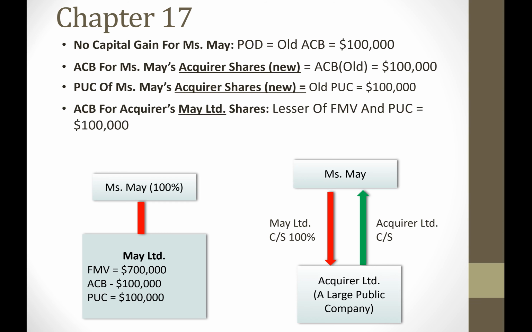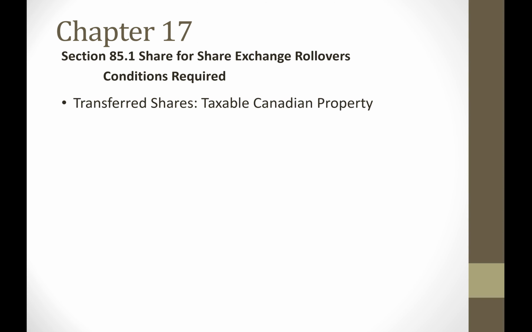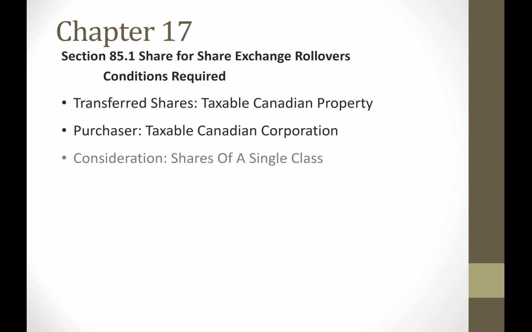There are strict conditions that are required. The shares that are being transferred must be taxable Canadian property. The purchaser must be a taxable Canadian corporation. So in our previous example, Acquirer Limited, who is the purchaser, must be a taxable Canadian corporation. The consideration must be shares of a single class. It can't be multiple different classes of shares.